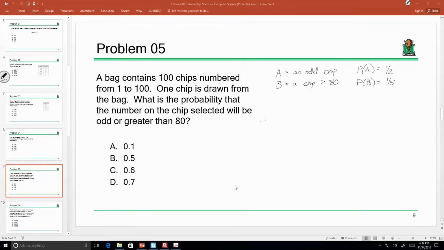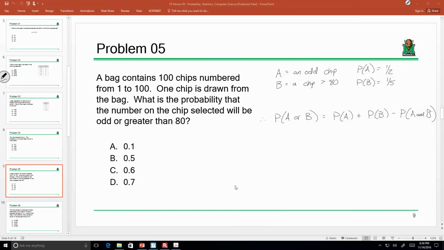So I propose that the probability of A or B is the probability of A plus the probability of B minus the probability of A and B. Does that make sense?